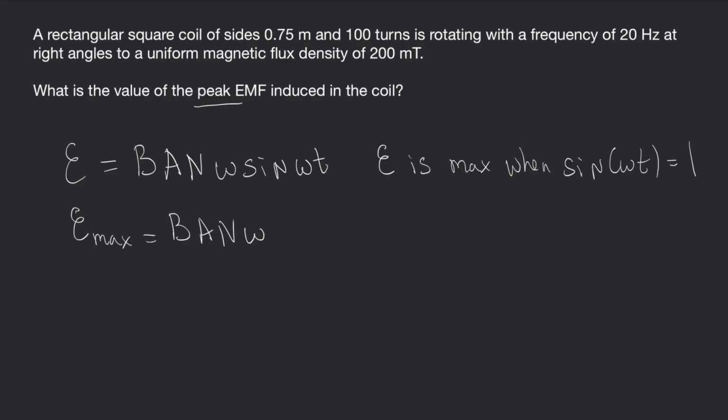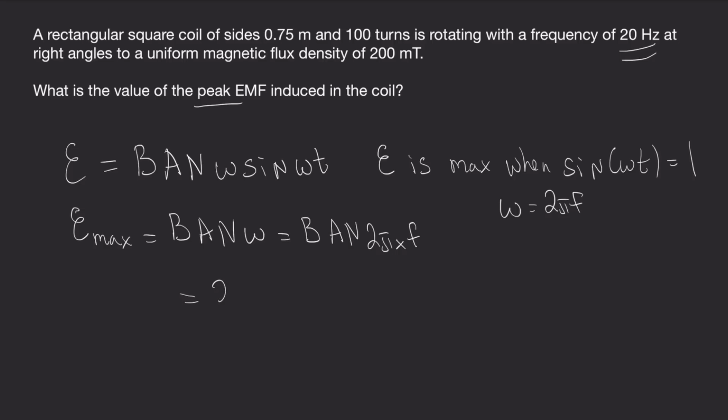Now we can figure out omega relatively easily because we're just given the frequency of rotation. So this here will be equal to BAN. Remember though, omega is just equal to 2 pi f. So this here will just be BAN and then 2 pi multiplied by the frequency. Okay, so let's plug in some numbers.